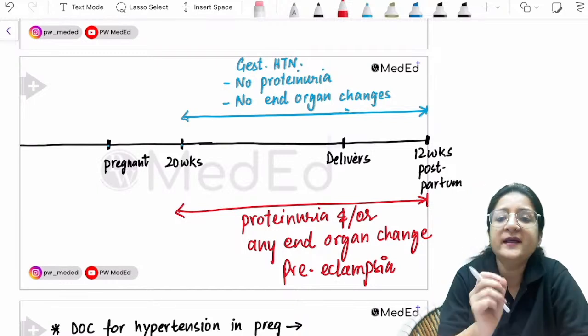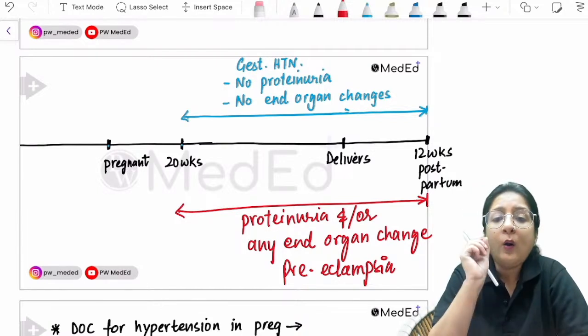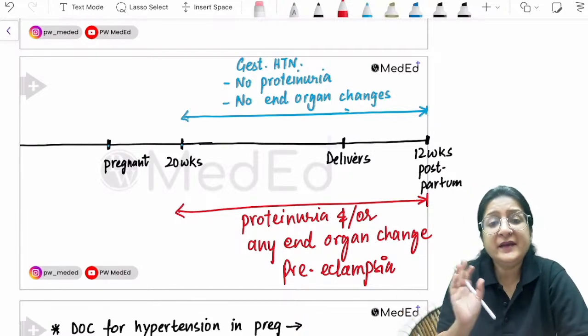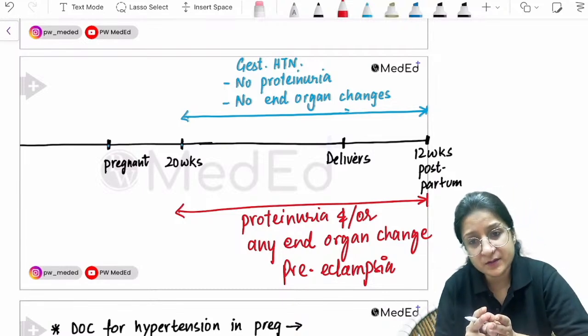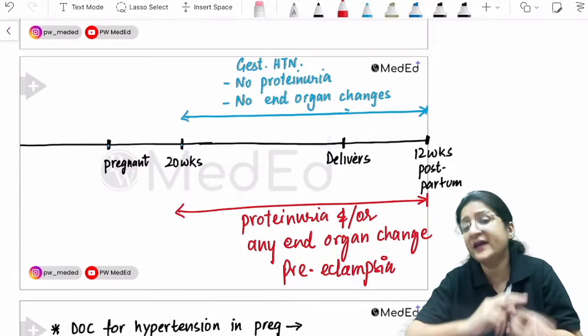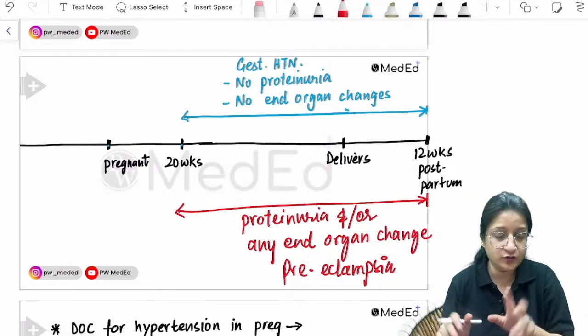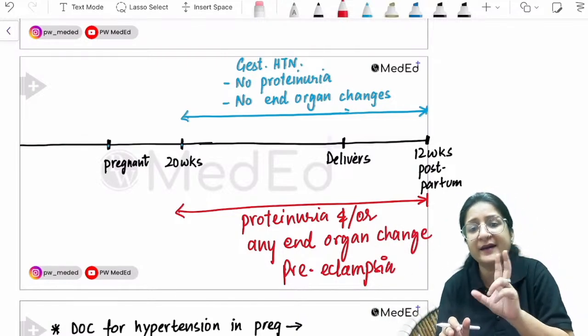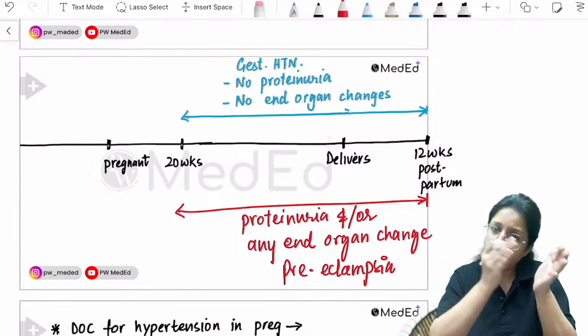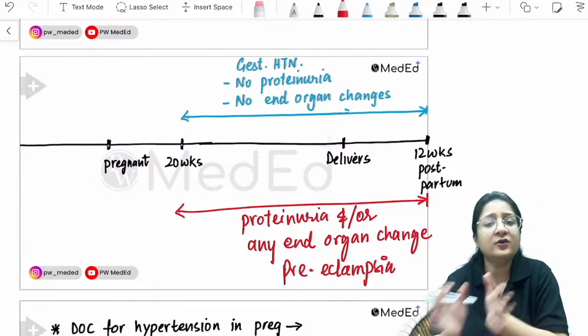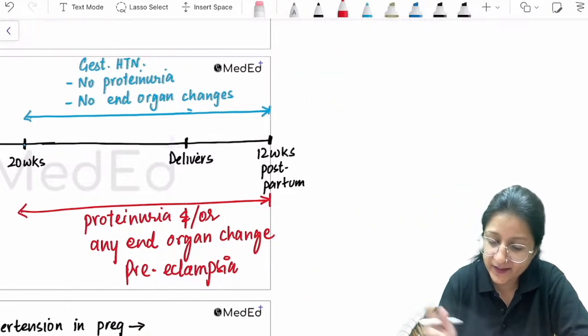Right? So the moment there is proteinuria plus, or meaning proteinuria could be absent, but there could be any end organ change, then also it is preeclampsia. So proteinuria is not essential or mandatory to make this diagnosis. Proteinuria and or any end organ change, it is preeclampsia.